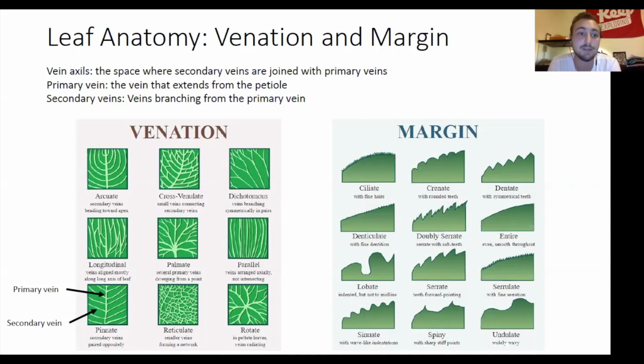So they're palmately veined, with several primary veins diverging from the point where the leaf stem, the petiole, becomes the vein. Despite our tulip tree being a lobed leaf, all of our trees and leaves are pinnately veined today.